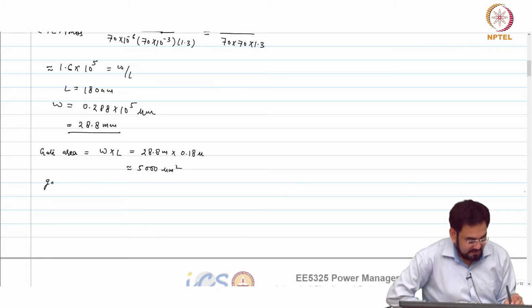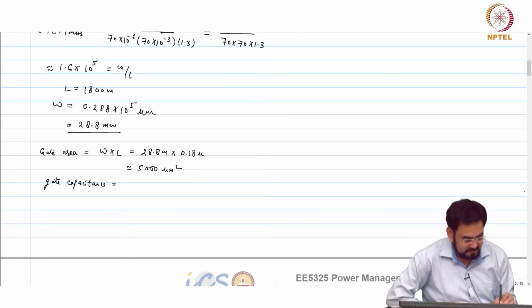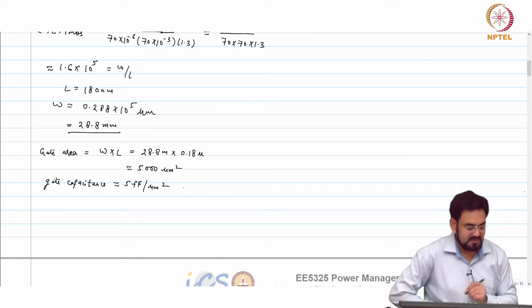So, gate cap. I will approximately write it 5 femtofarad per micrometer square.